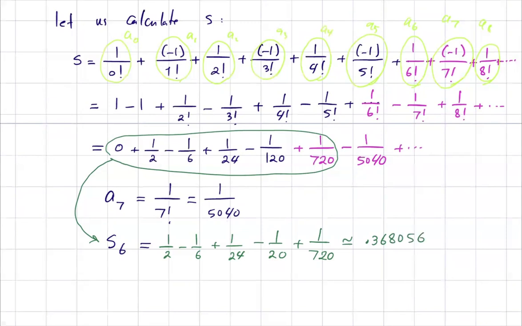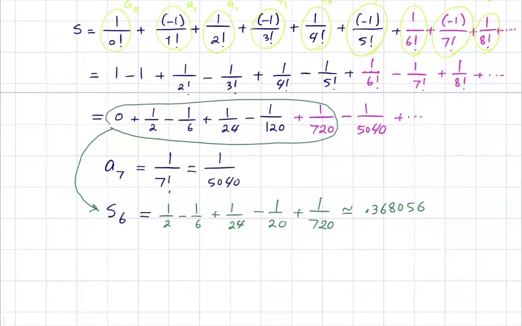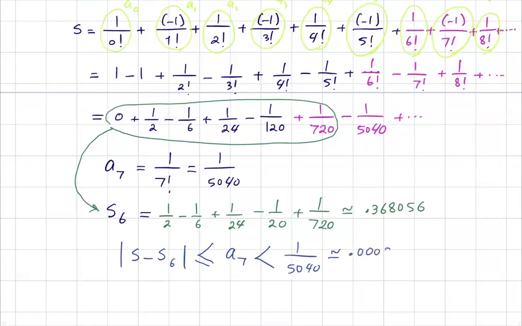Now, if you find the difference between S and S sub 6, this theorem says it must be less than or equal to A sub 7, which is 1 divided by 5,040, or approximately 0.002.